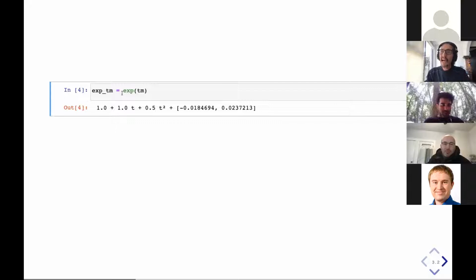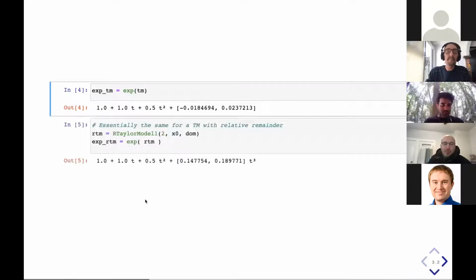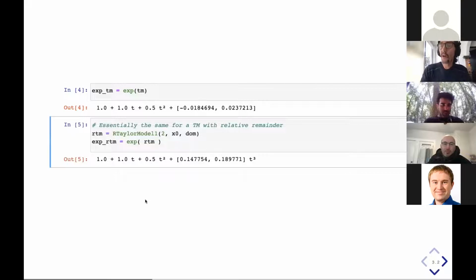and inside that there is actually a very, very close relation with ordinary differential equations, which makes it very appealing to work on validated integration of ODEs. So you can do exactly the same for these Taylor models with relative remainder, and it simply works.